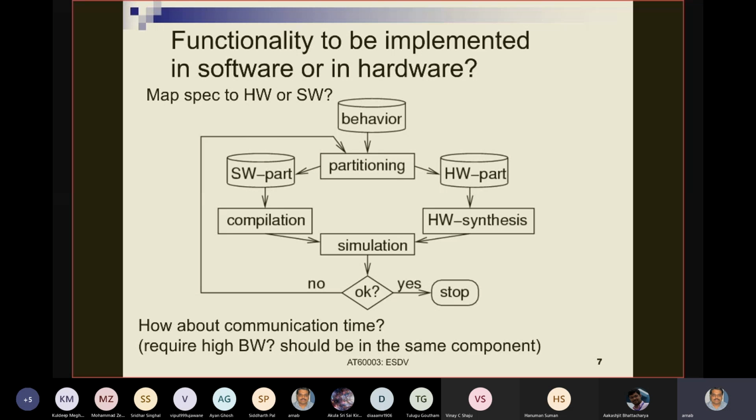Why is software execution flexible? Because software execution means you will implement a certain task in this task graph as C code or Python code, then compile it for a certain processor and execute the machine code on that particular processor. That is all software execution is about. However, with hardware you design a circuit and implement that circuit on a hardware chip for that functionality.